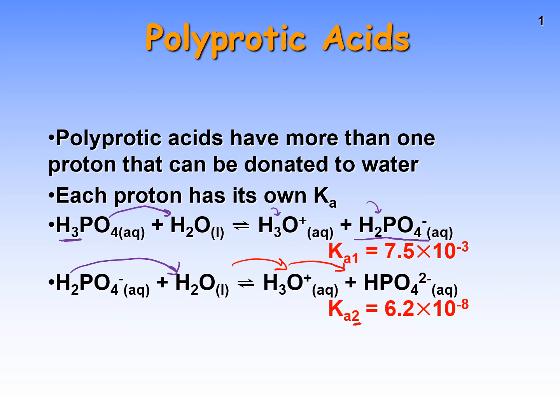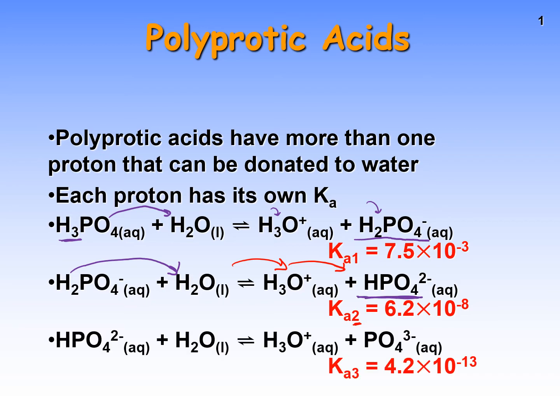But yet again, HPO4 2- can go on one more time to donate its proton to water, forming these products, and it has a Ka of 4.2 times 10 to the negative 13, which is again significantly weaker. With each sequential hydrogen being donated, the Ka value decreases substantially.